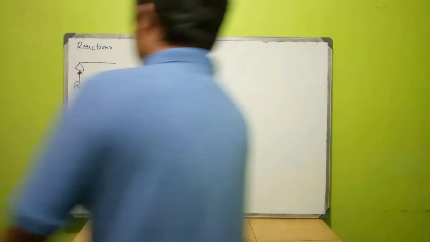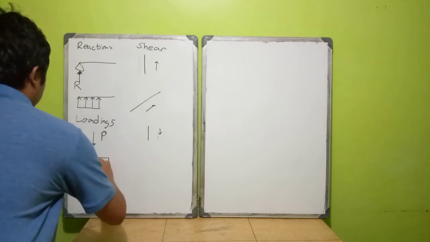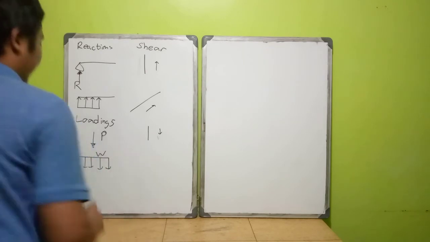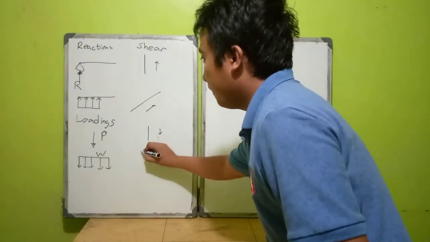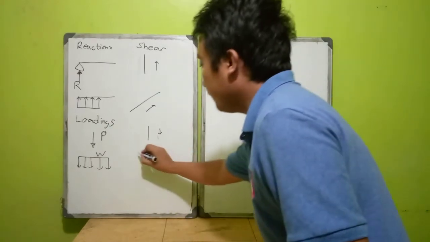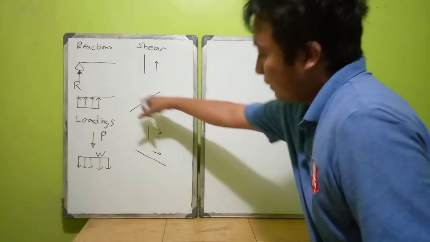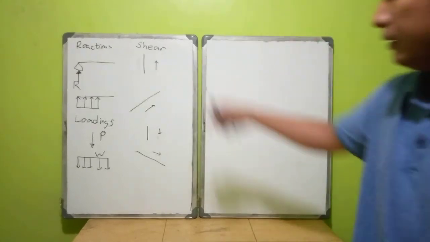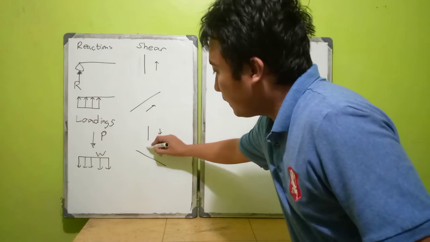Then, if it is a distributed load, let us say W, since it is downward, the stroke in the shear and moment diagram will be like this, going sideways.